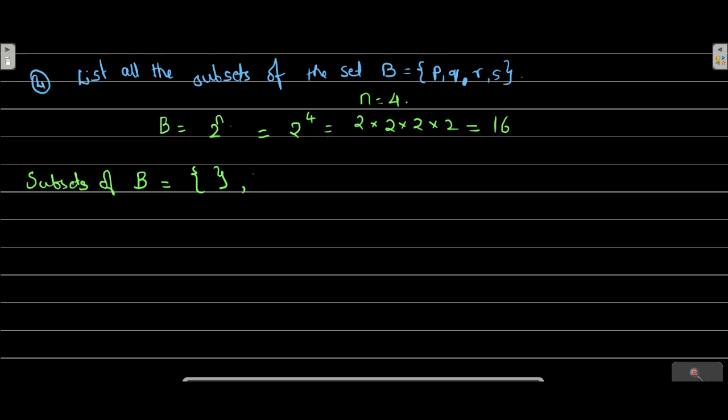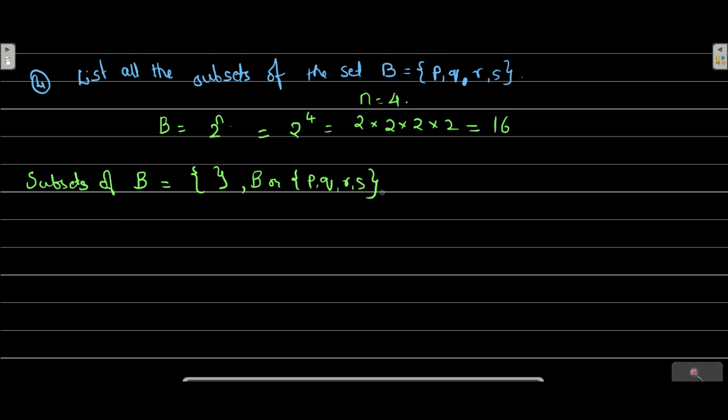It means for set B, you can directly write B, or you can list out the elements P, Q, R and S. So among the subsets we write the null set as the first set, and every set is a subset of itself, so we write the set itself, here it is B, or you can list out the elements like this.